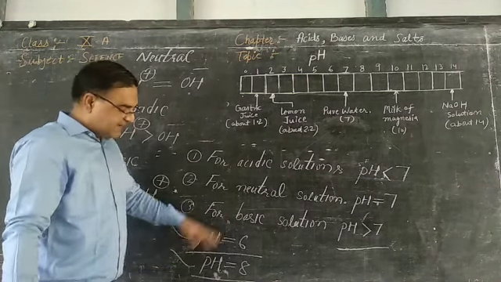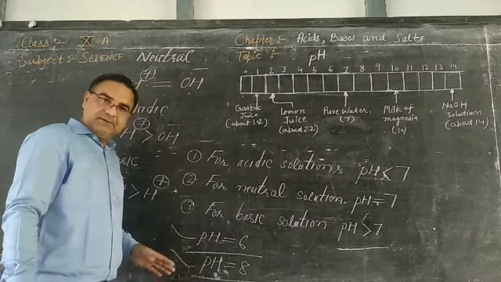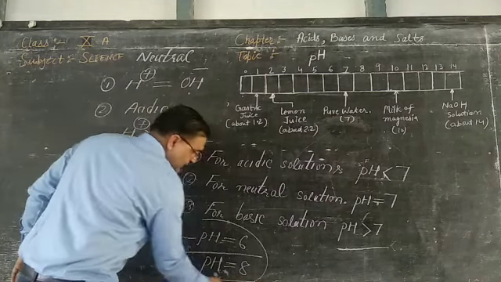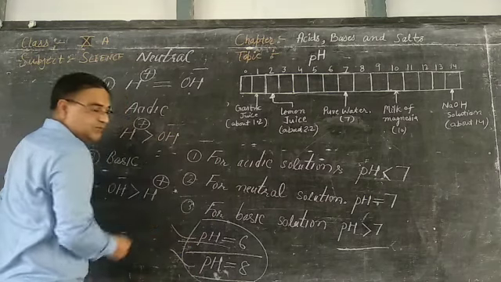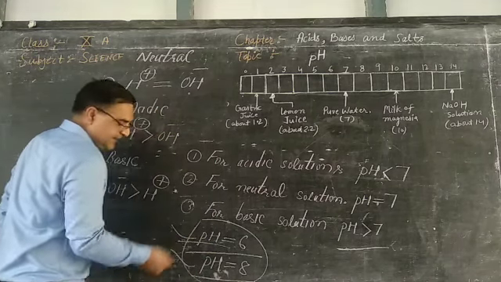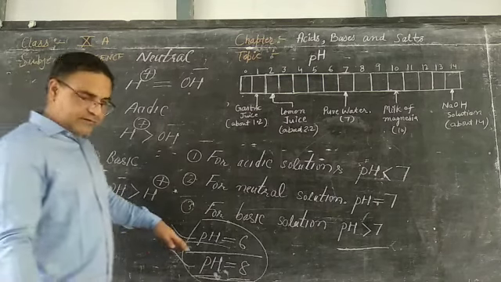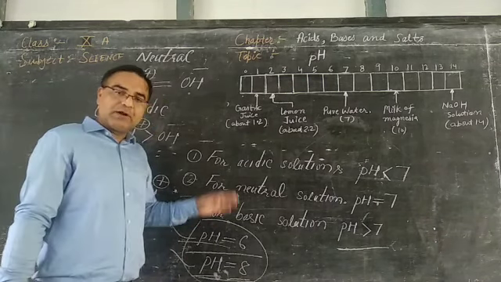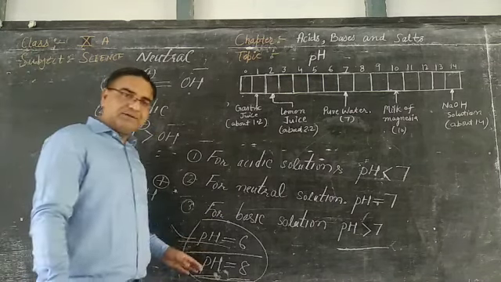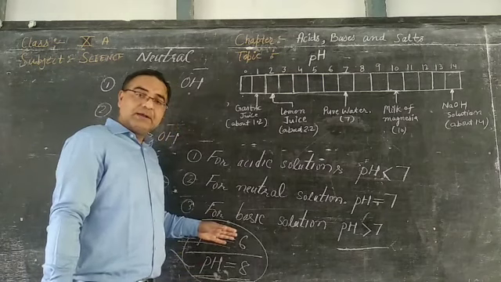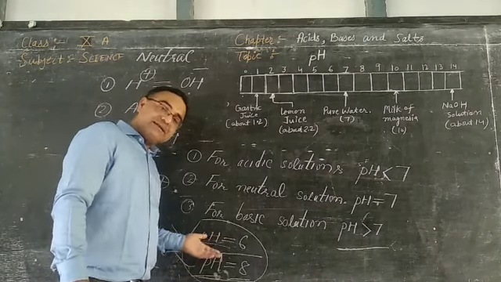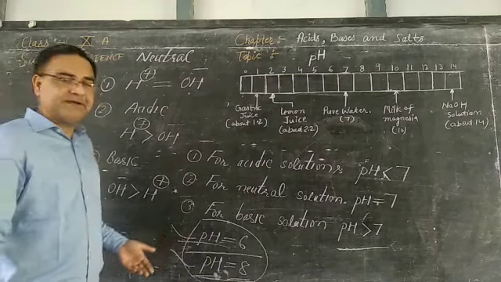Which is acidic or basic? We have to determine. This is a common example. Out of these two solutions, which is more acidic, which is acidic and which is basic? We have to find out.